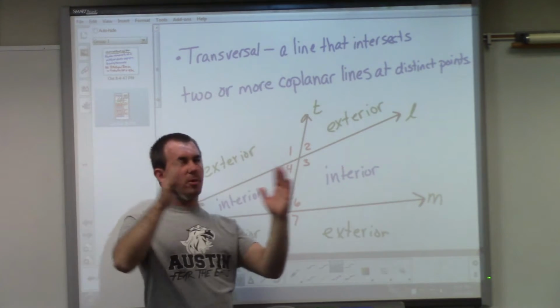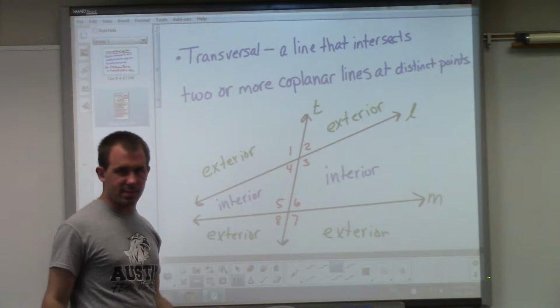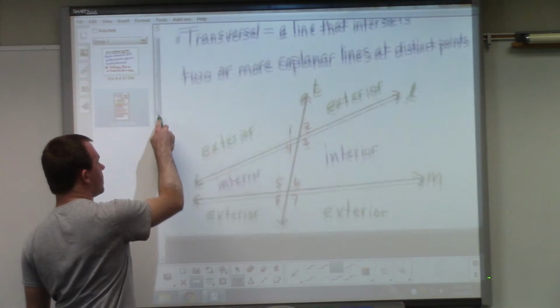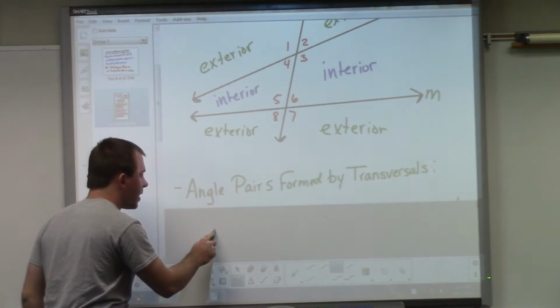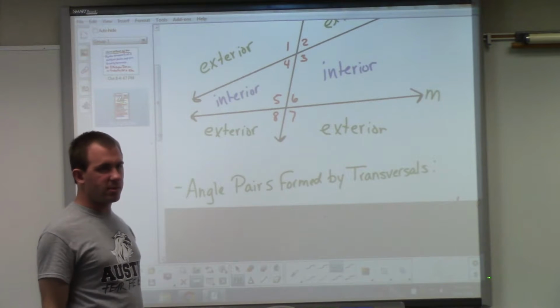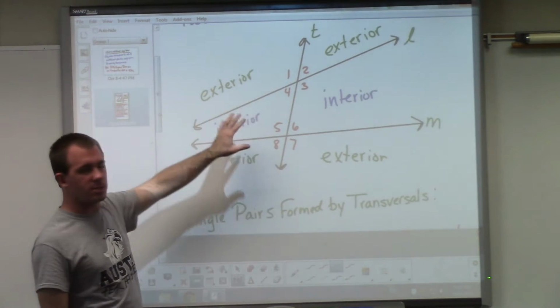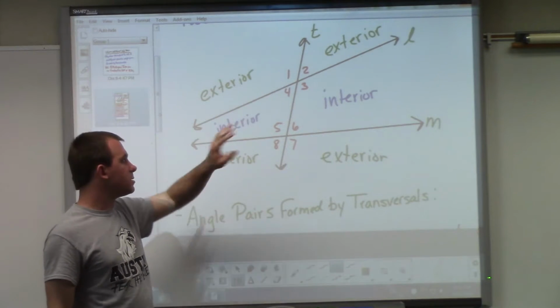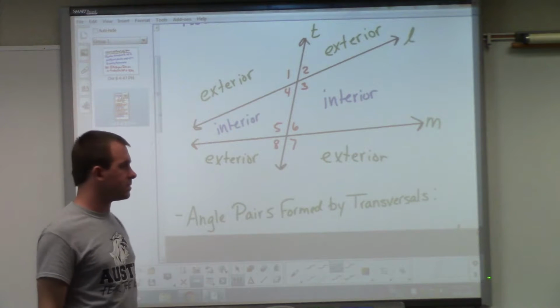There could be multiple lines with 1 transversal. We're just looking at the basics for now. So, angle pairs formed by transversals. And we're going to keep referring back up to this image. So this is an important image that we're going to refer to for these definitions.